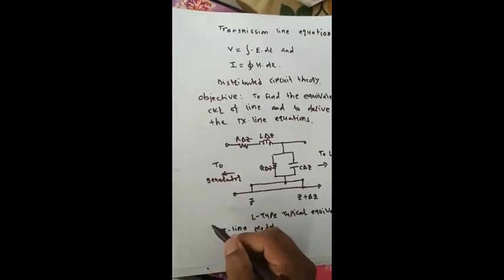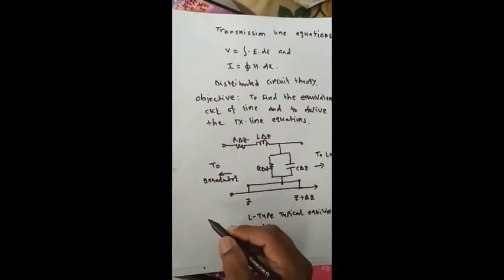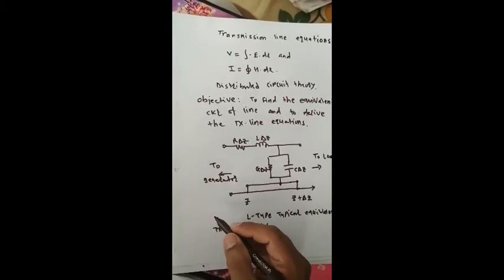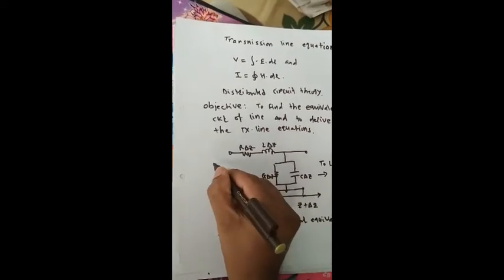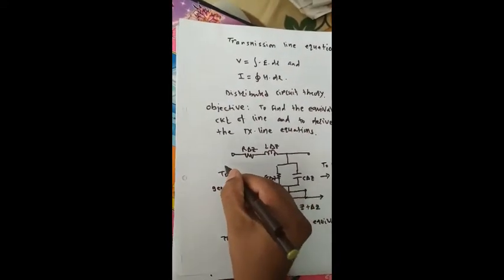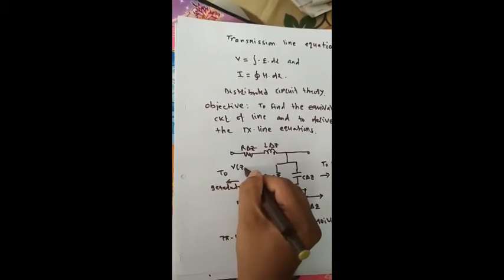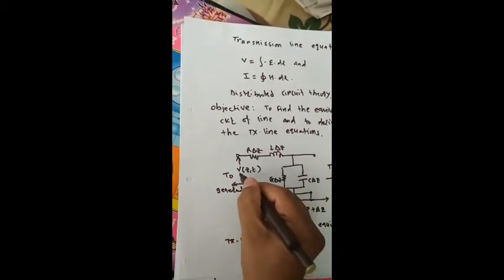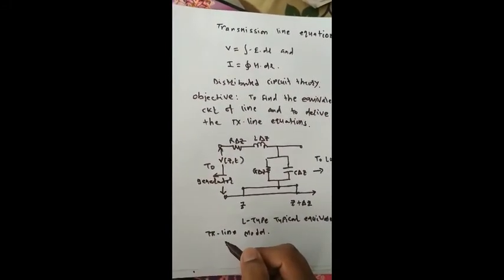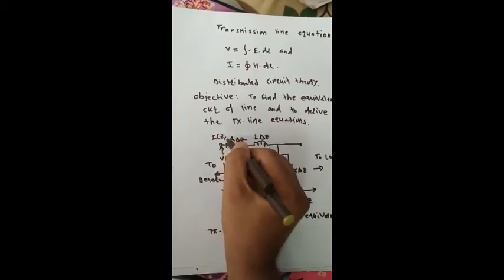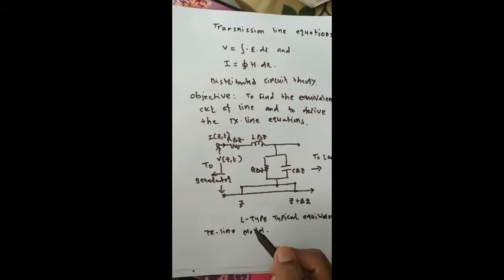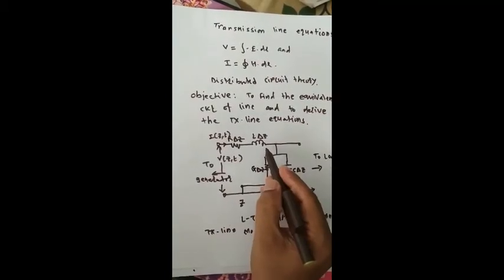If I apply any voltage at the source side, then the voltage at this point I can express as V(z,t), while because of this voltage the current flowing through this line I can express as I(z,t).